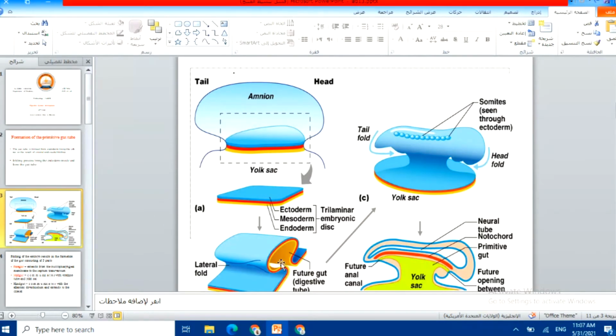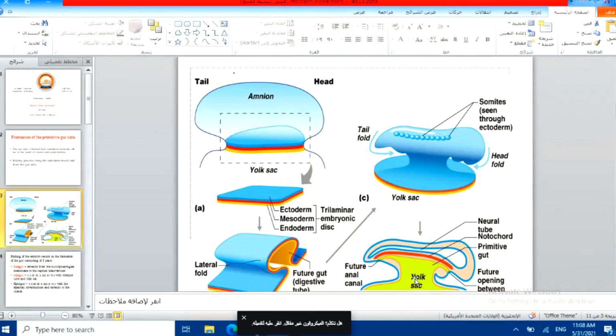And this primitive gut tube will form the future digestive tract, or future digestive tube. So the lateral folding, and cranial and caudal folding will lead to form a tube that we call a primitive gut tube, and this will bring the yolk sac inside, as you see right here.